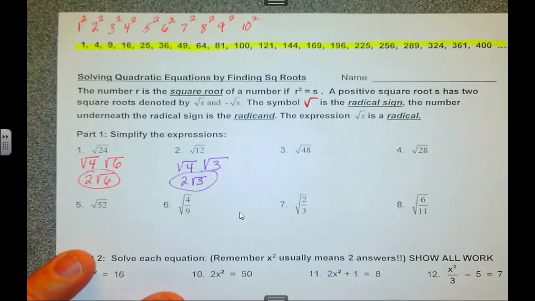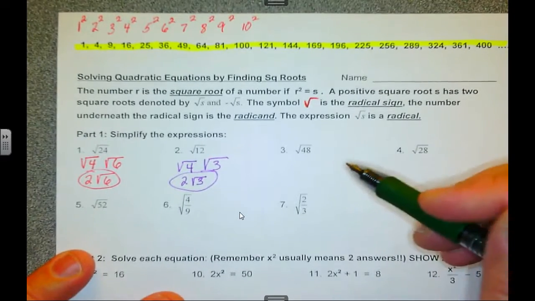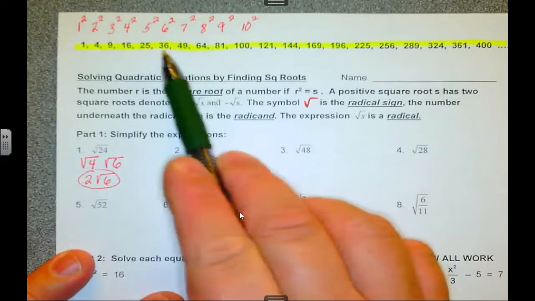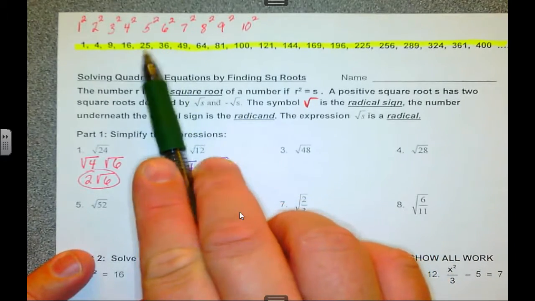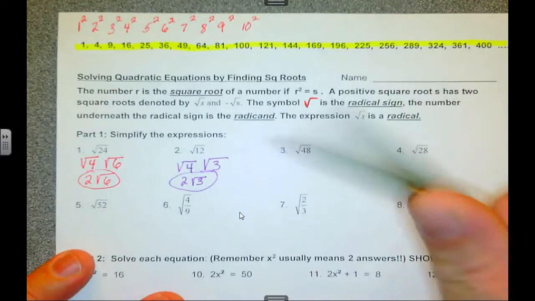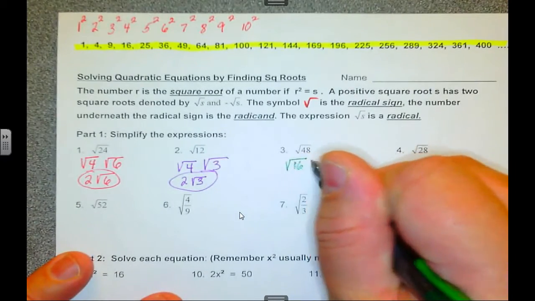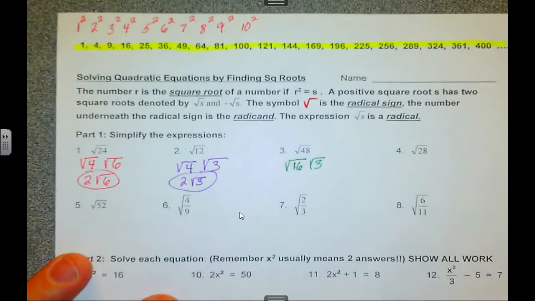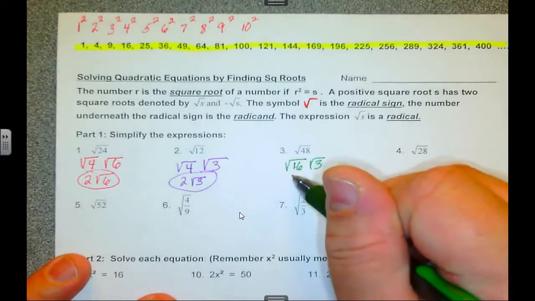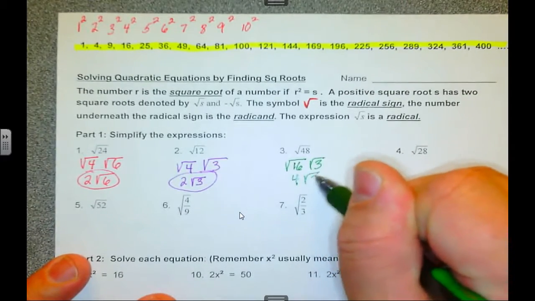Square root of 48. Let's see, 36 is not a factor, 25 is not a factor, 16 is indeed a factor of 48. So I have square root of 16, and then the square root of 3. 3 times 16 is 48. Square root of 16 is 4, so 4 radical 3.